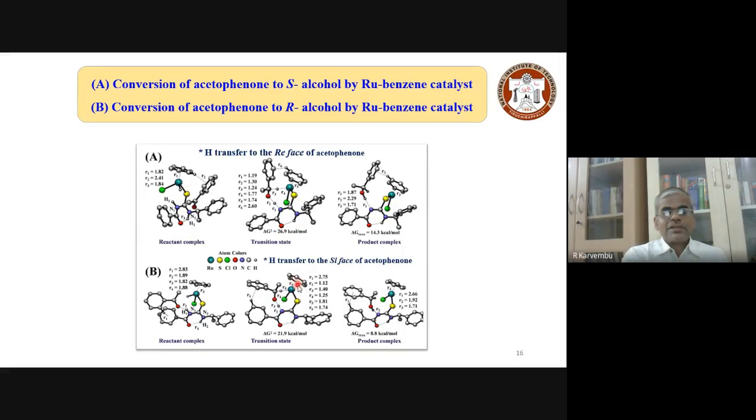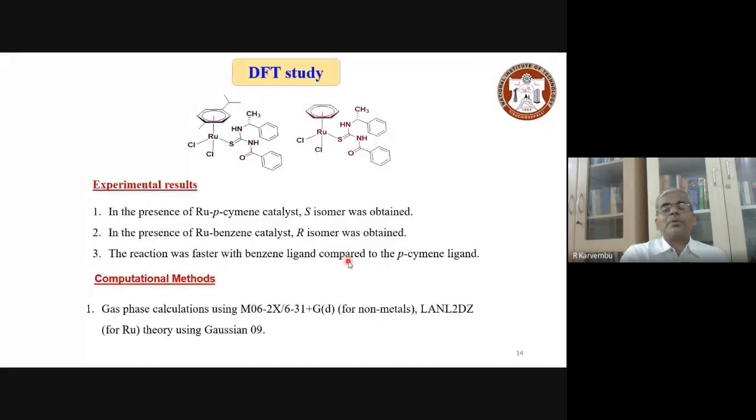It means this transition state is more probable, that can be easily formed compared to this. Because of that, we concluded that si-face interaction happens when we use the ruthenium benzene catalyst. Because of the si-face interaction, the configuration of the product alcohol is R when benzene is used as a catalyst. Very interesting, no?